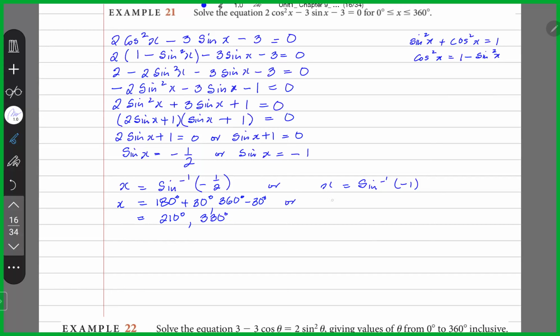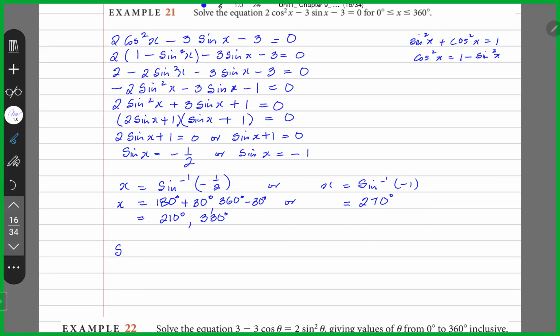Over here, sine inverse of 1 is 90 degrees, so sine inverse of minus 1 is 270 degrees, or you could say 180 plus 90, which is 270 degrees.